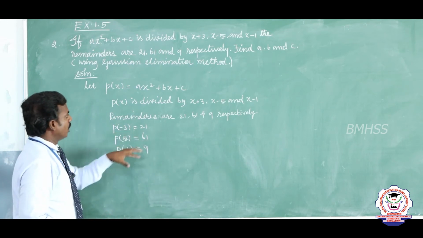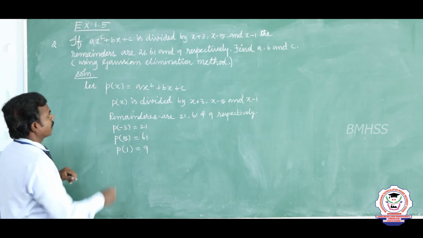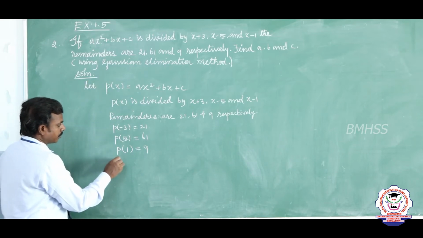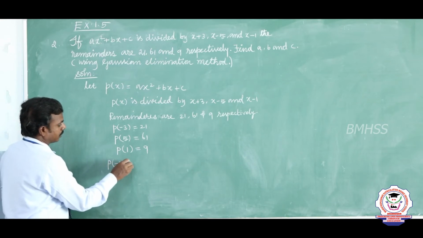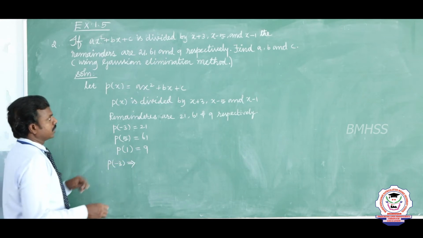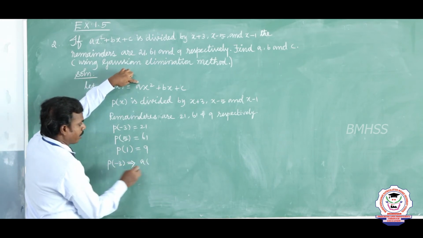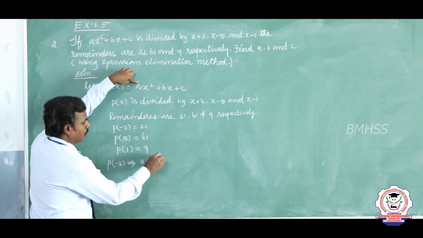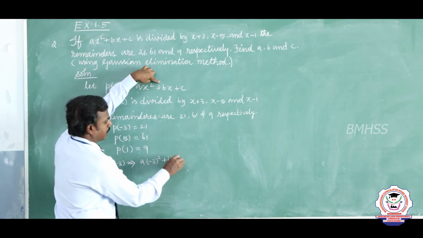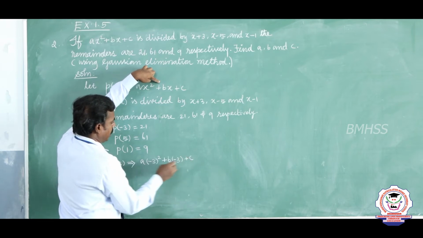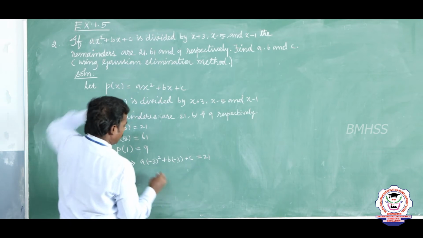Now I am going to apply these values of x in p of x. From this we can write p of minus 3 equal to, listen to this, first equation: a into minus 3 whole square, plus b into minus 3, plus c, which is equal to what they have given, 21.